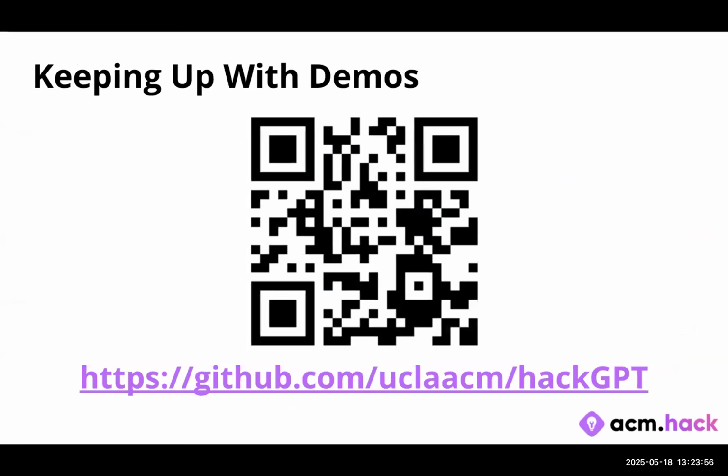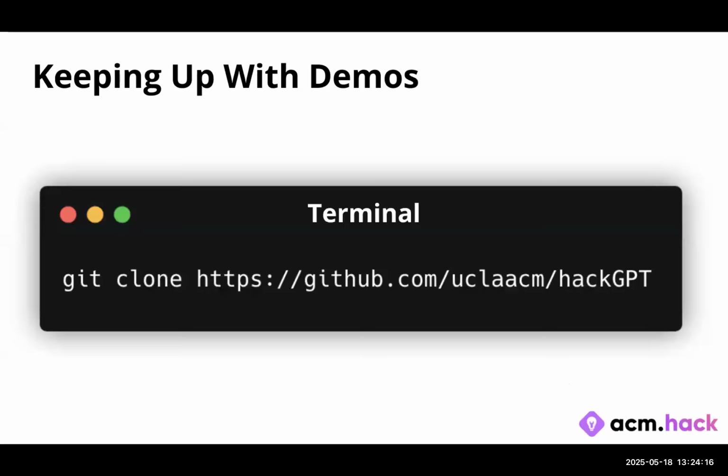Another good tip is to keep up with the demos. There is a lot of code involved, so I wouldn't suggest trying to code it all yourself, but it'd be good to have it on your computer so you can follow along. If you want, go to this link or scan the QR code. You probably want it on your computer, so I'd suggest going to the GitHub. Then in your terminal, you can just write git clone and the link to the GitHub.